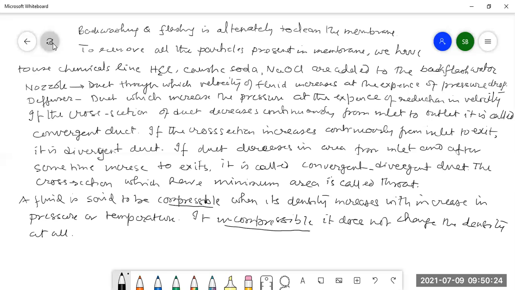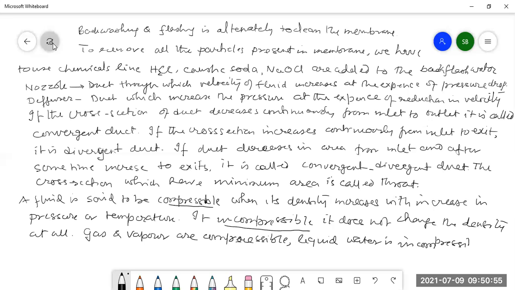All gases and vapors are compressible, but liquids, like water, are incompressible. Simple.